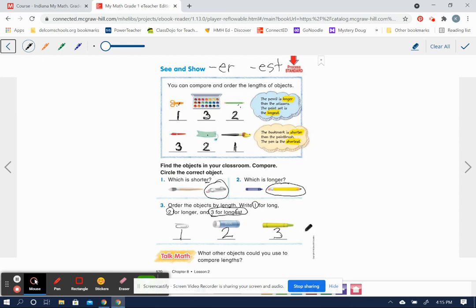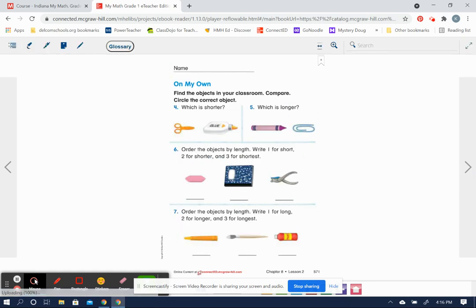And then it says, what other objects can you use to compare lengths? Well, there's a variety of objects that we could use to compare lengths with. You probably see some around your home. All right, and if we go to the next page, here's where there are some on your own.